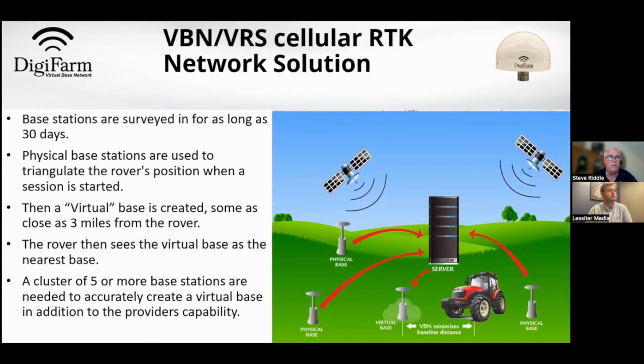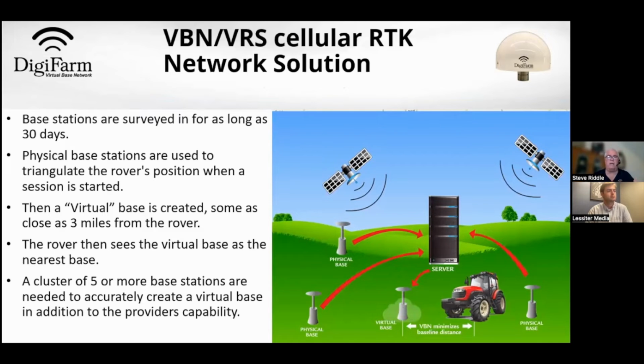Let's see here. So these base stations are surveyed in for a much longer period of time because of the triangulation that has to take place. So that's a big difference in a virtual base network or a virtual reference station network, is that lengthy survey process.